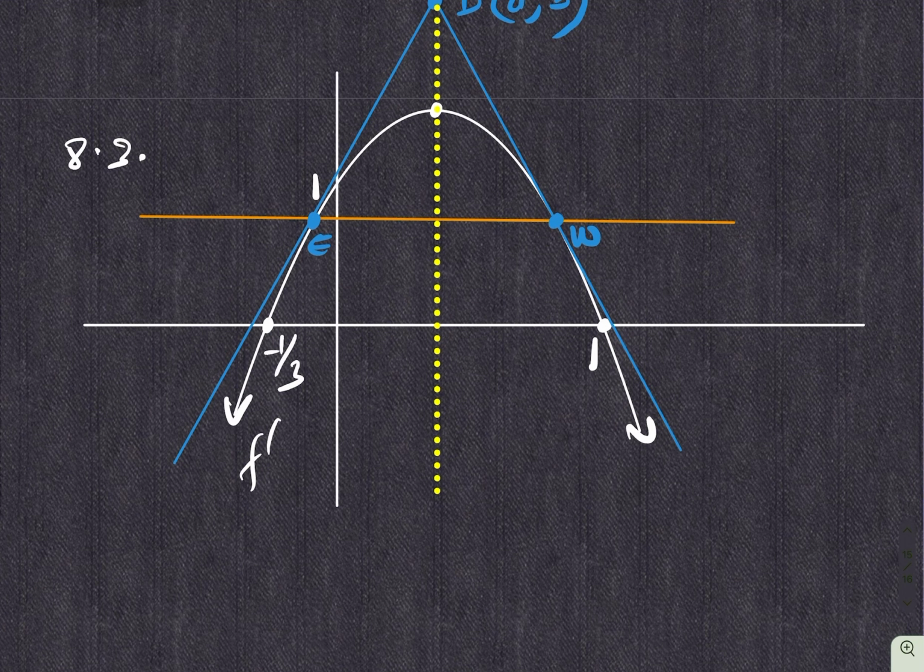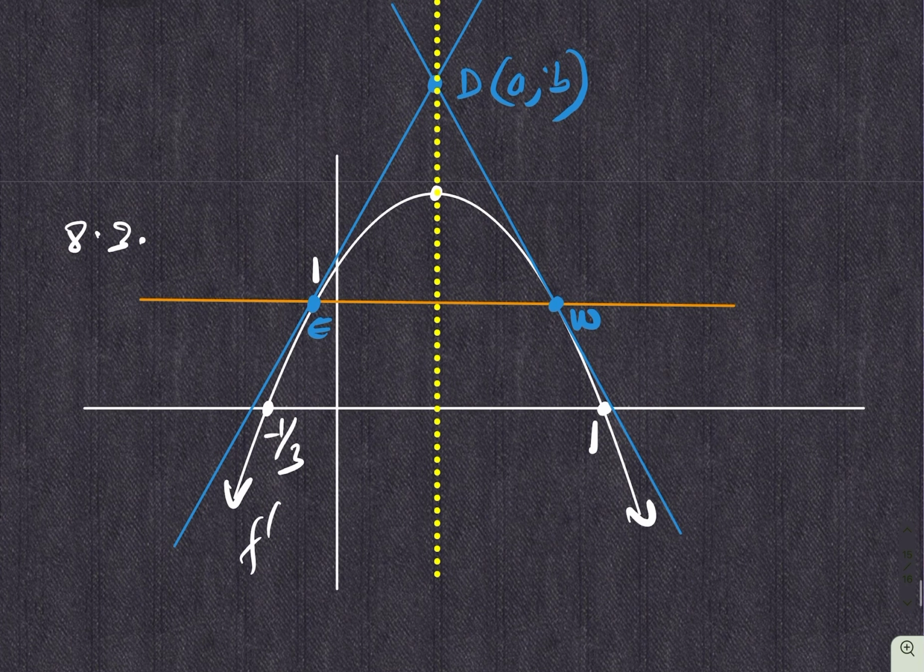That means x remains constant throughout. This one is parallel to the y-axis. That means x remains constant throughout at that line, even at D. So they are basically looking for the axis of symmetry here.